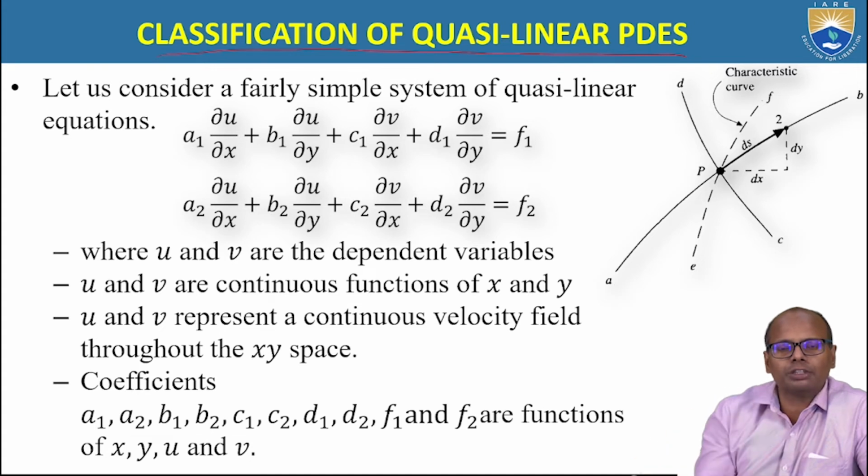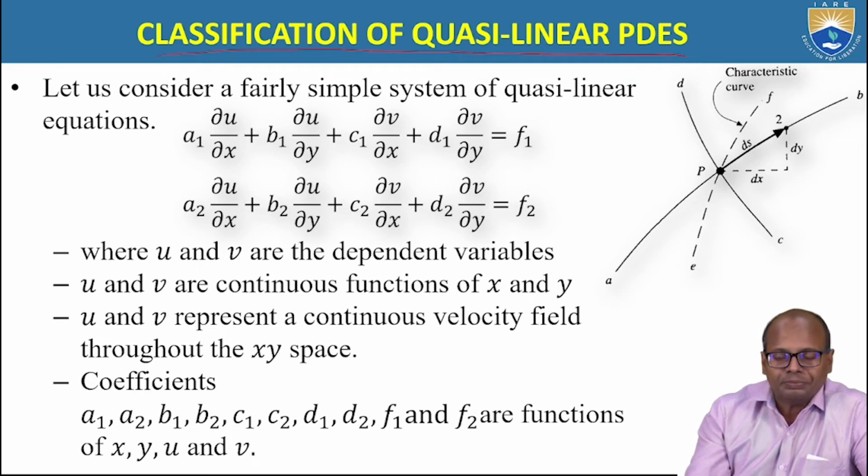So before finding the solution, I should understand the governing equation that I have, whether it is an elliptic, parabolic or hyperbolic equation, based on its mathematical behavior. That is what we are going to see in this class.